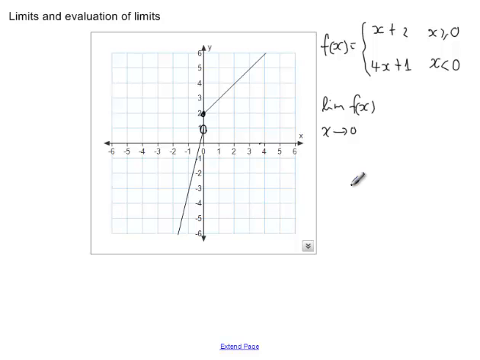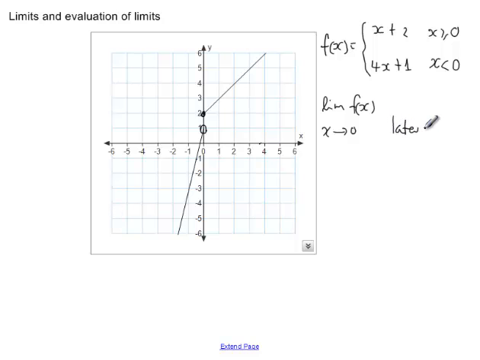That idea takes us to what we call lateral limits, side limits. What do I mean by that? For us to establish that this function has a limit at 0, we first of all need to check what happens when we approach that number 0 from the left, and what happens when we approach that number from the right. And that is called lateral limits.